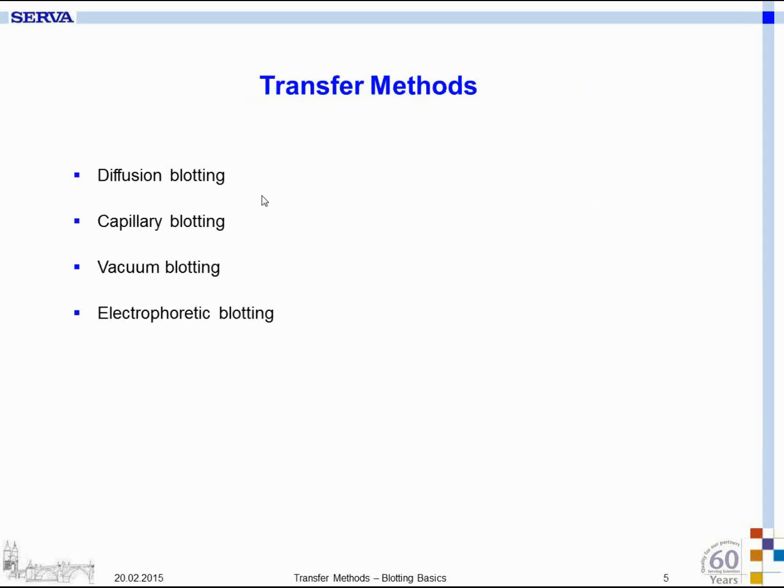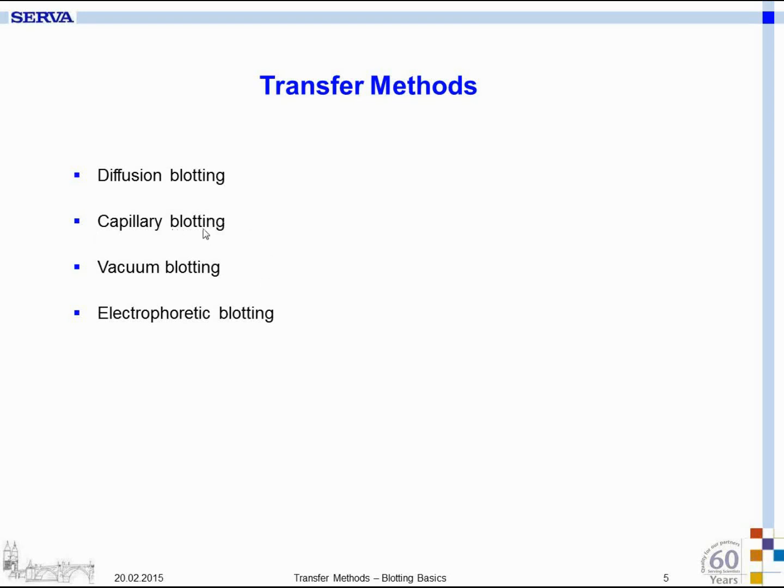The transfer methods used can be diffusion blotting. Diffusion blotting means just placing a blotting membrane, an immobilizing membrane, on the surface of a gel and letting the separated fractions diffuse onto the membrane. It's not very efficient, but in some cases just enough.